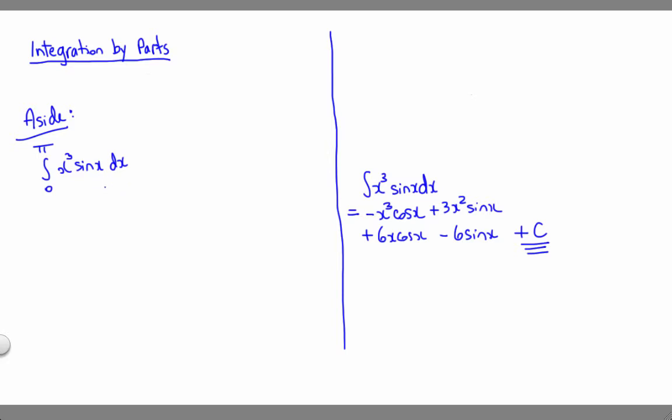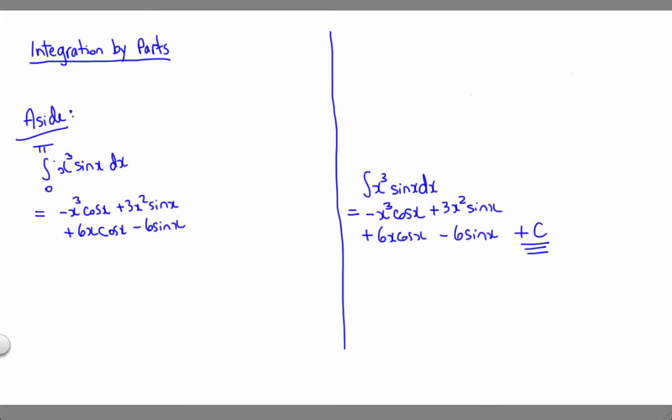Well, if we were facing a definite integral, we would go through the tabular method just like we did in the first example, and we would have found our antiderivative to be minus x cubed cos x plus 3x squared sine x. So I'm just recopying this expression from what we found on the previous screen. It was plus 6x cos x minus 6 sine x. All right, so that looks like we copied that correctly.